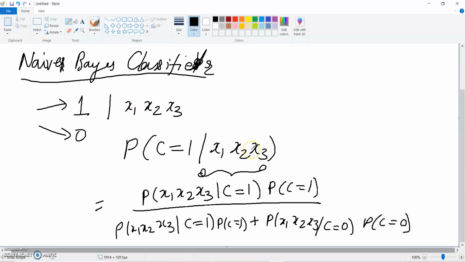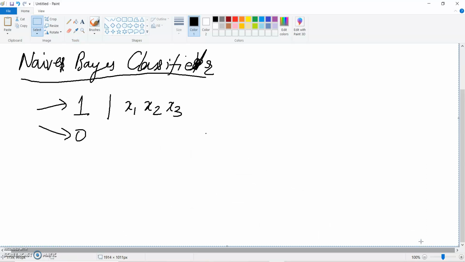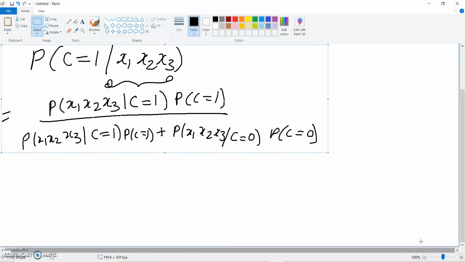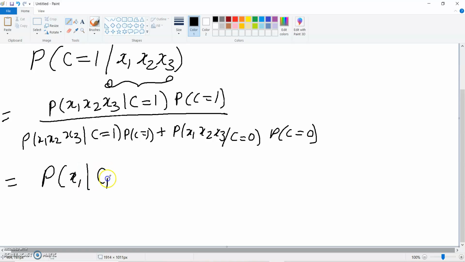So what we do is we make an assumption. So what is the assumption? Let me just copy this. We make an assumption of this manner. We assume that the numerator can be written in this fashion.